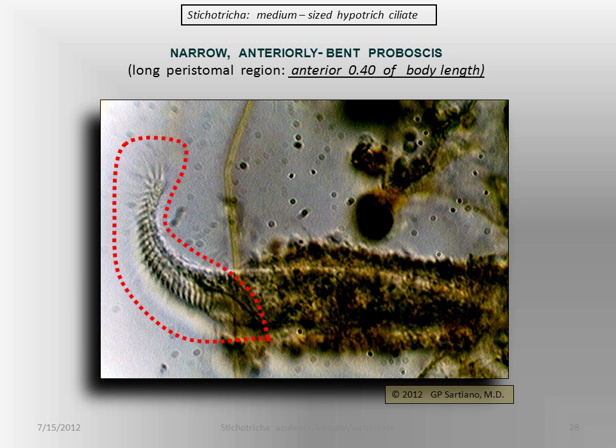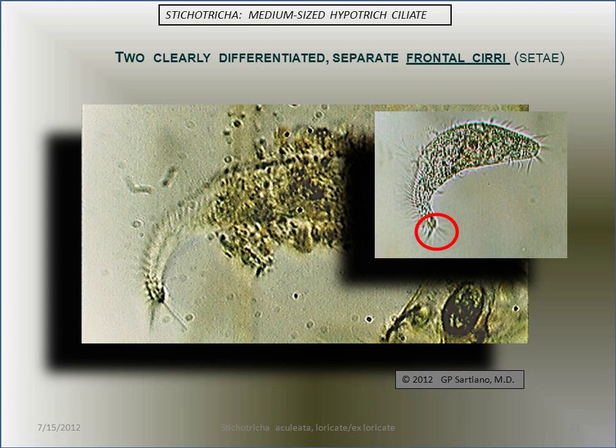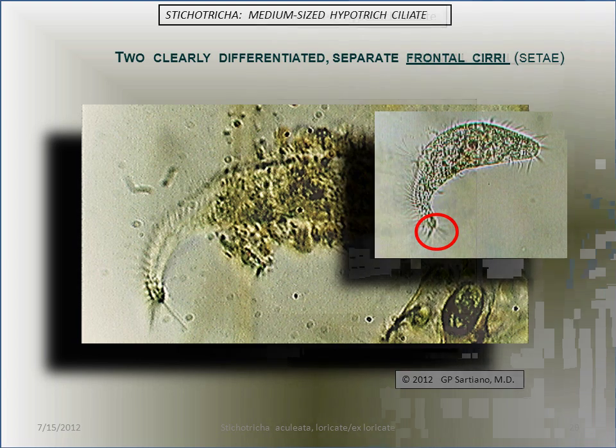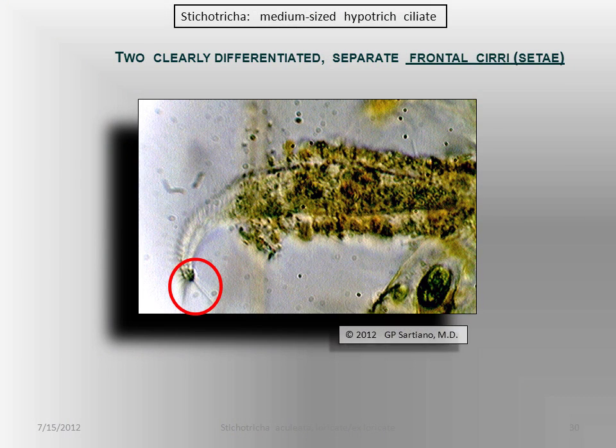The peristomal region involves almost the entire length of the proboscis, which itself comprises about 40% of the length of the organism. In anteromost position, the organism has two clearly differentiated separate frontal cirri, or setae.